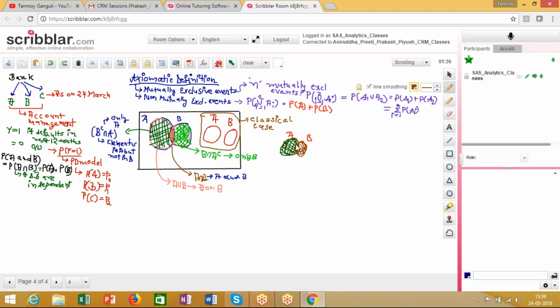So what you see is that there is an overlap being created. Therefore this A intersection B is being recorded twice, or is being double counted.